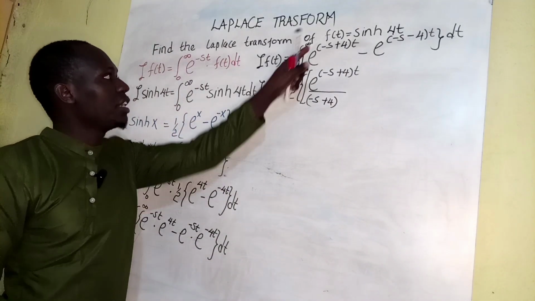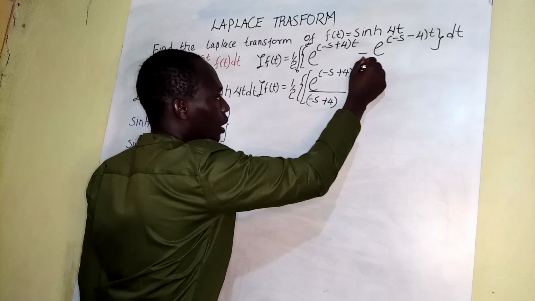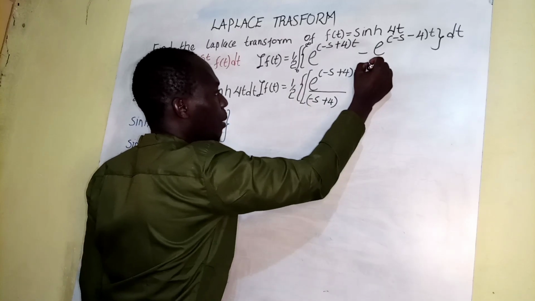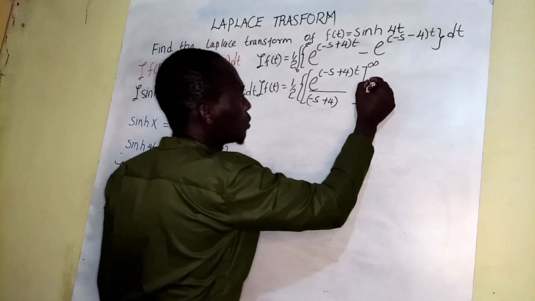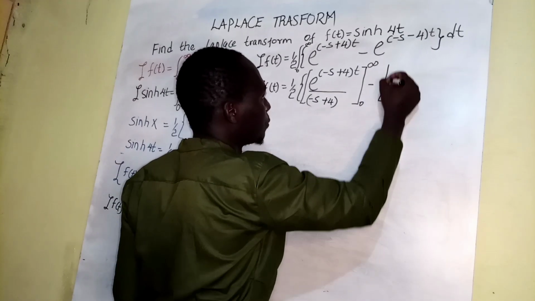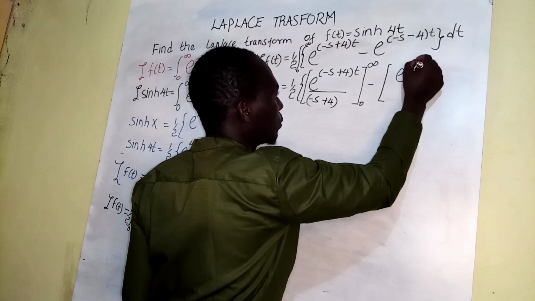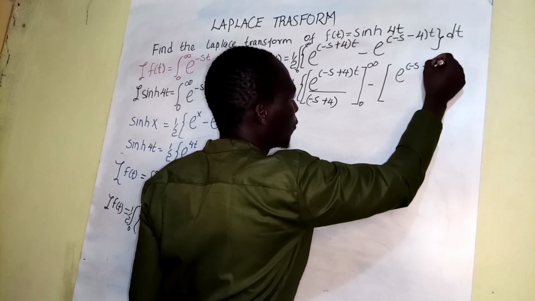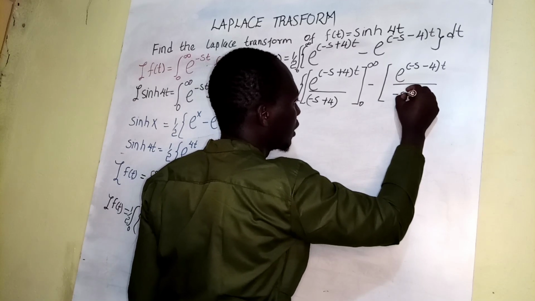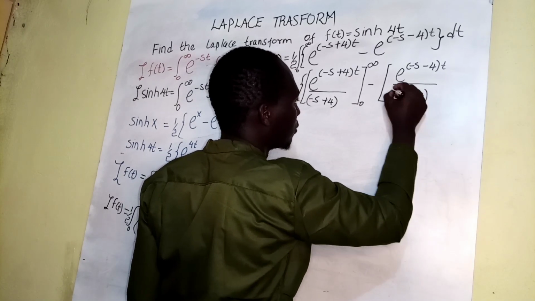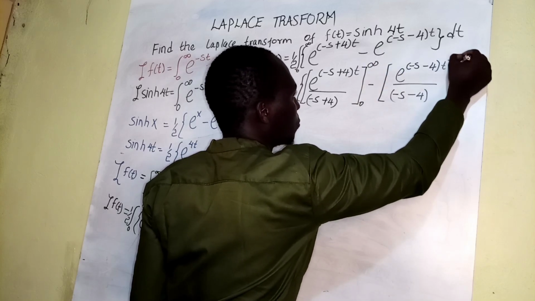Since our integration was with respect to our limits, you should not forget about the limits, whereby this one is going to be our upper limit, and we subtract the lower limit. At this point now, we are going to have exponential negative s we subtract from 4t, all over negative s we subtract from 4.